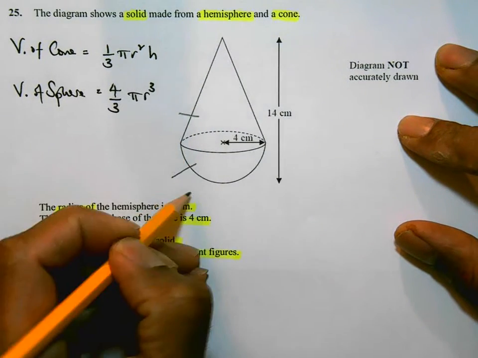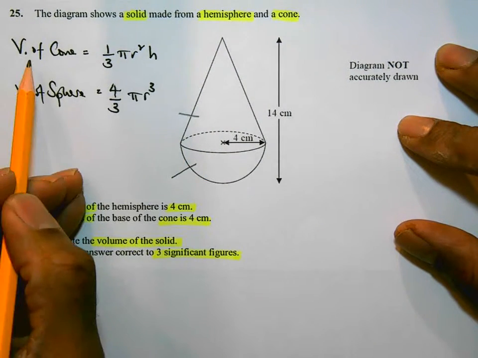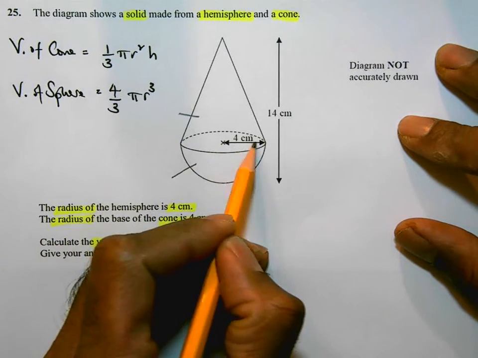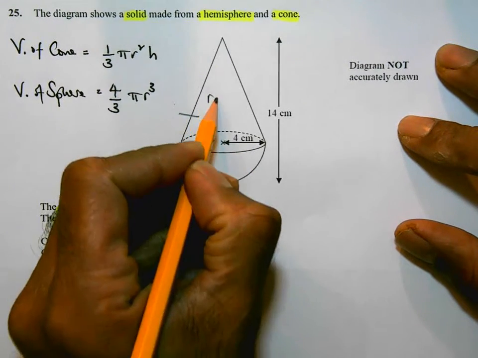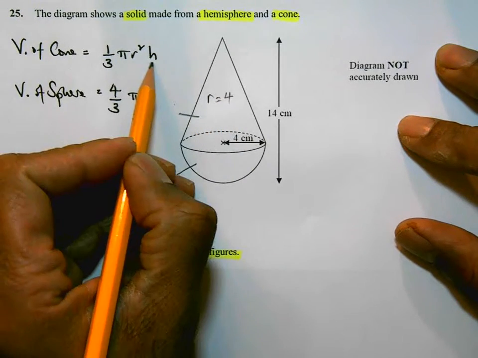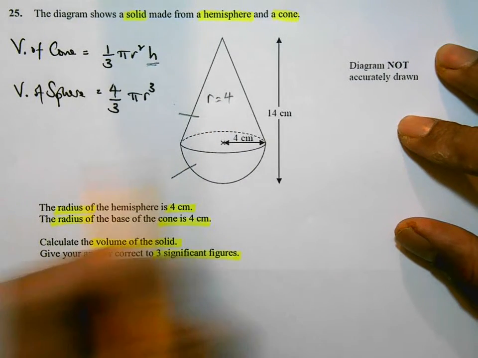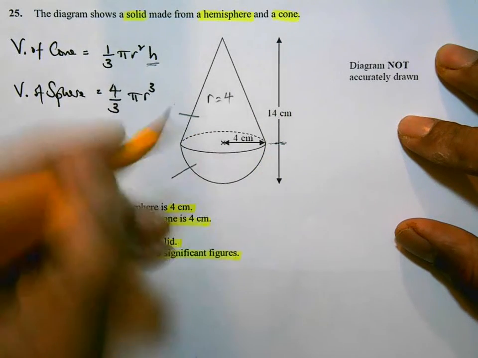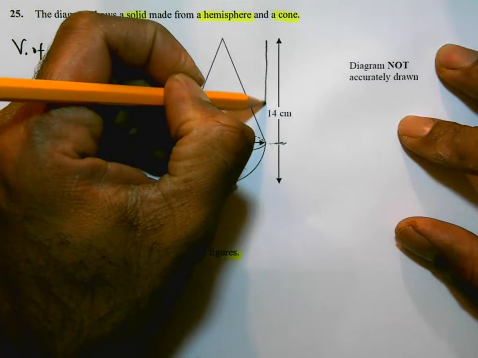With regard to the cone, I need to know the radius of the base, and the radius of the base is 4. I also need to know the height of the cone. Now the height of the cone is this bit here. That's the height that I need to know.